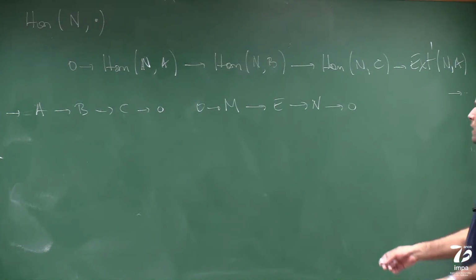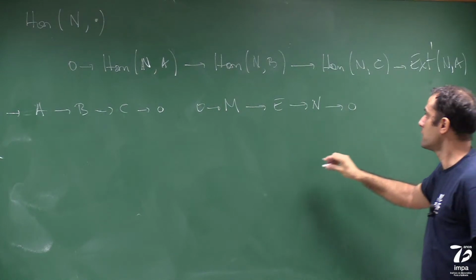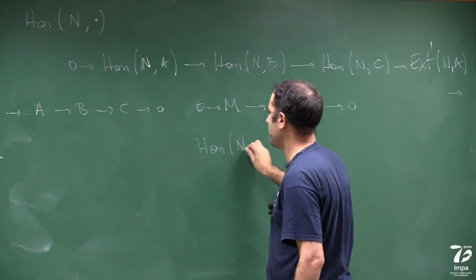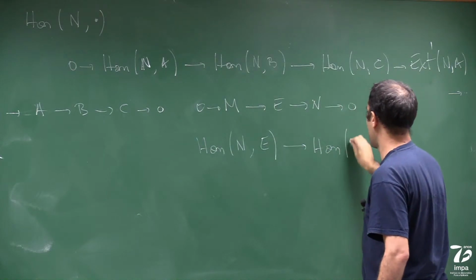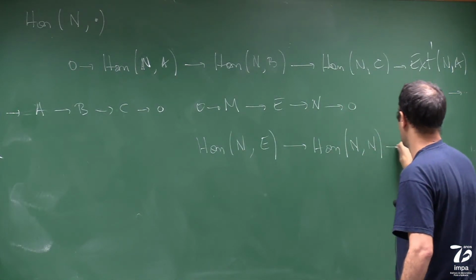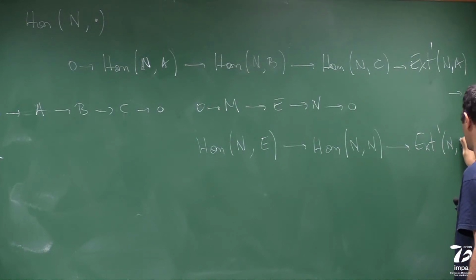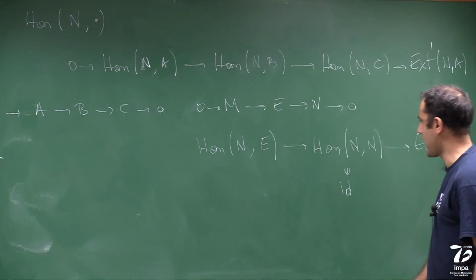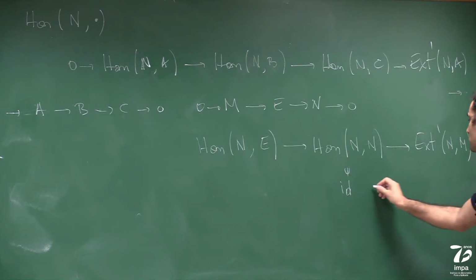Then what I realize in this sequence here is that this guy is exact at this point. Let's look at what these terms are. I get Hom from N into E, Hom from N into N, Ext^1 from N into M. Now, I have an element here always, which is the identity homomorphism of N, and this maps here somewhere.